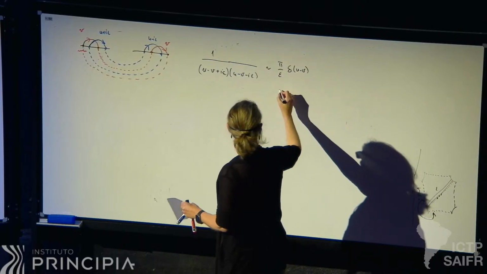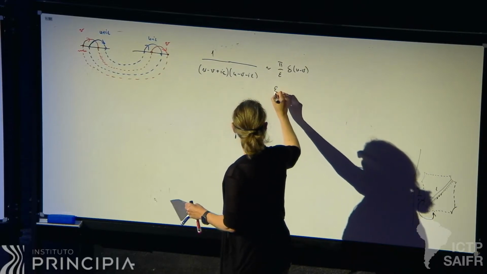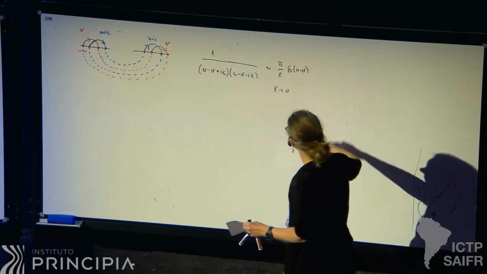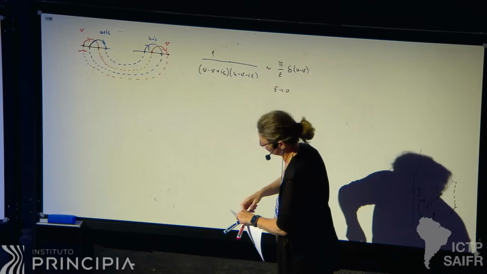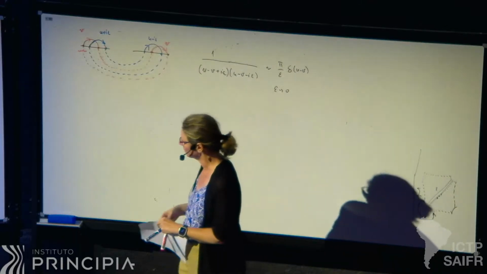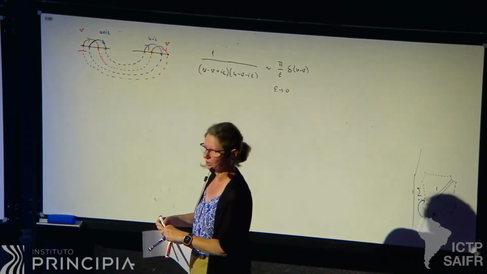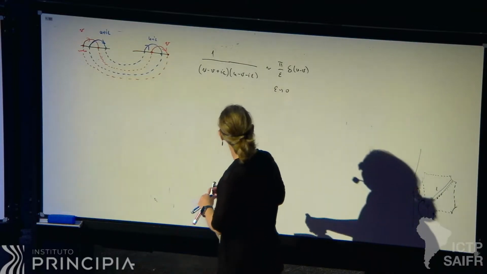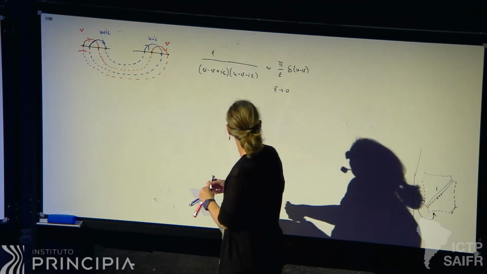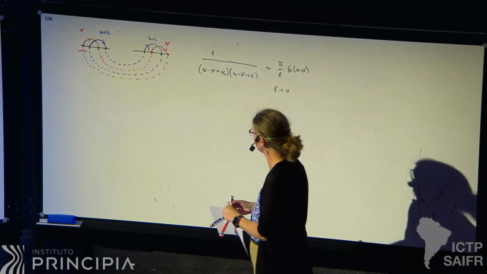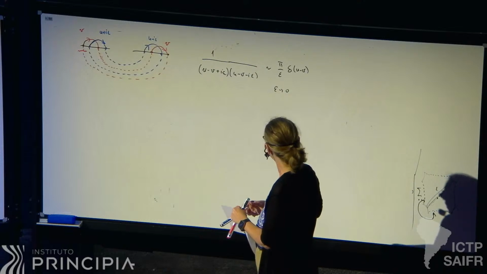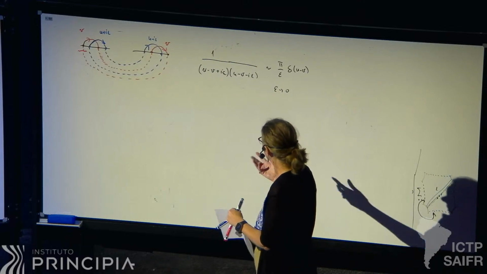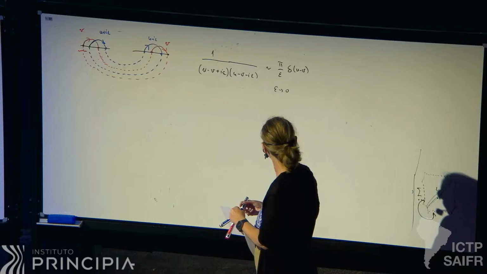When we send this regulator epsilon to zero, this will diverge and, in the case of normal wrapping in the three-point function, this will give the renormalization of the energy. It will be a signal that there is some renormalization of the anomalous dimension.